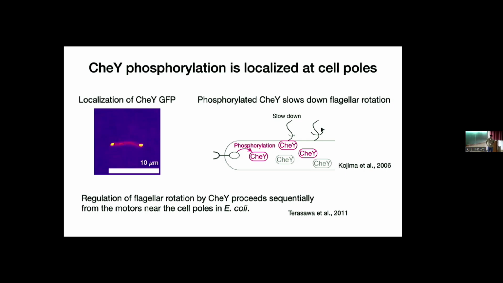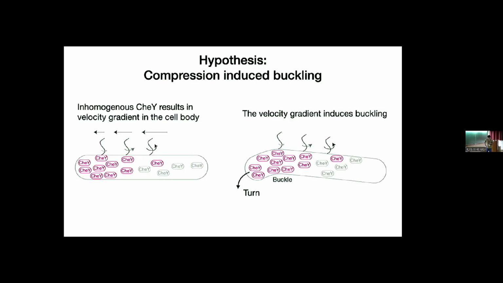Based on this experimental fact, we hypothesize compression-induced buckling. As I told you, the KY phosphorylation is localized at cell poles. So we could expect an inhomogeneous distribution of KY in the cytoplasm. Maybe at the cell pole, the phosphorylated KY might be a lot compared to the wild type.